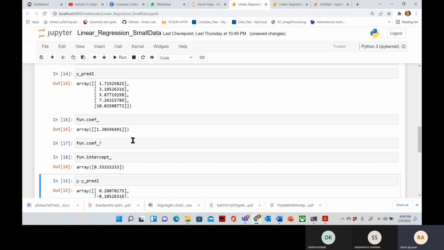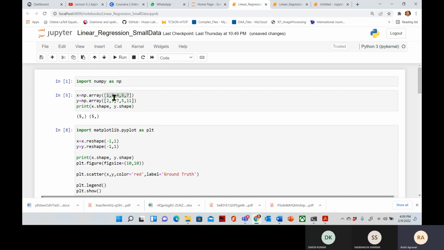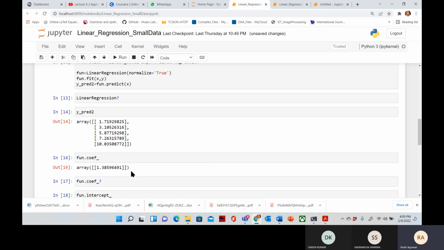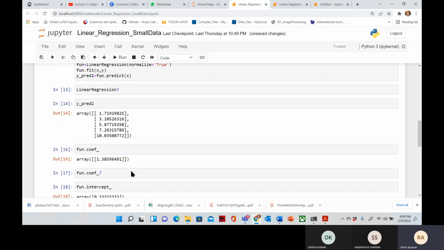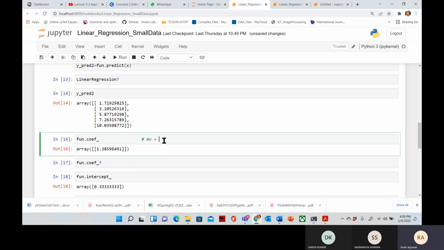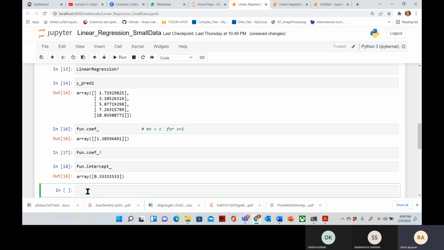So you can see, suppose I am taking this x value, this one. Just perform mx plus c for x equals 1.